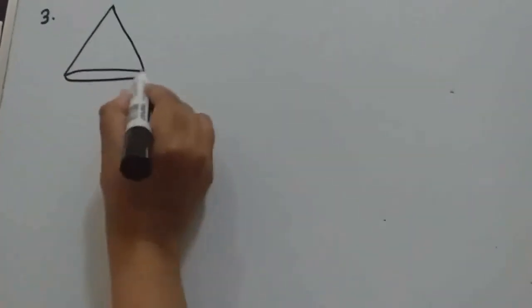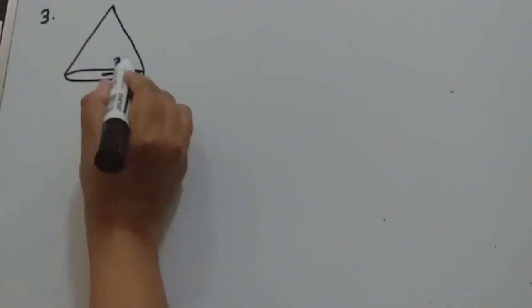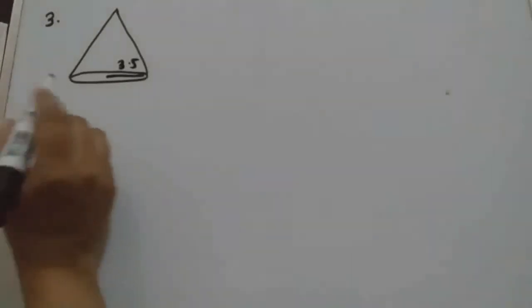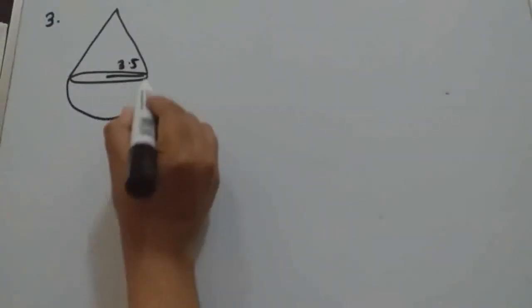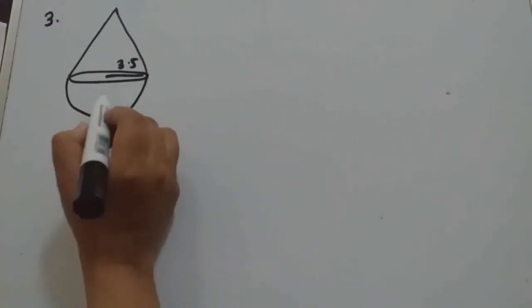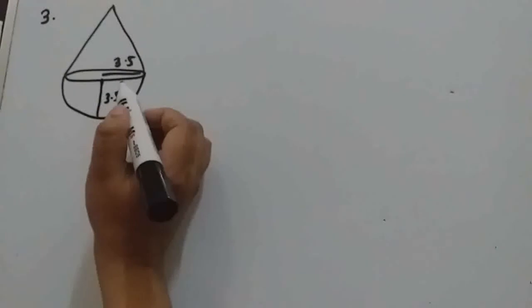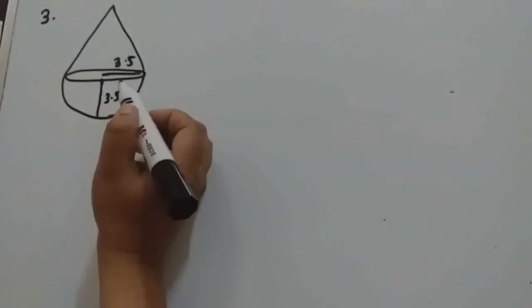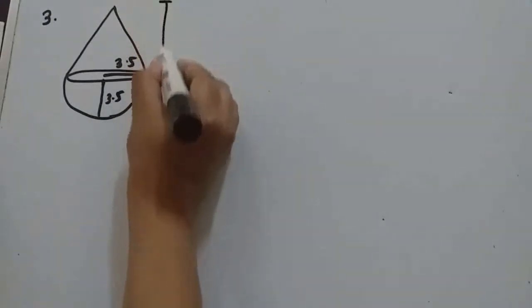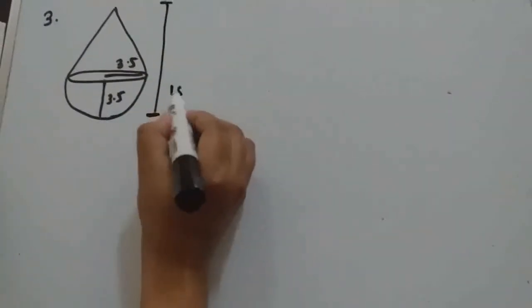Question number 3: a toy is in the form of a cone of radius 3.5. So this radius is given as 3.5 centimeter, mounted on a hemisphere of the same radius. So the hemisphere has the same radius, so this radius is 3.5. Now the total height of the toy is 15.5.